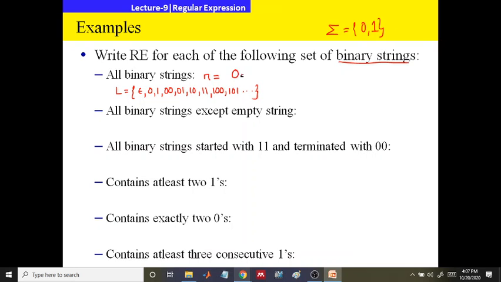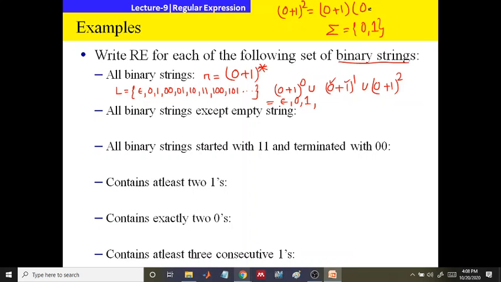So it's nothing but (0+1)*. So (0+1)* means (0+1)^0, power 0 means it will represent epsilon, union (0+1)^1, power 1 means a string of length one, either 0 or 1, so it will represent 0 and 1. Union (0+1)^2, which is nothing but (0+1) multiplied with (0+1).